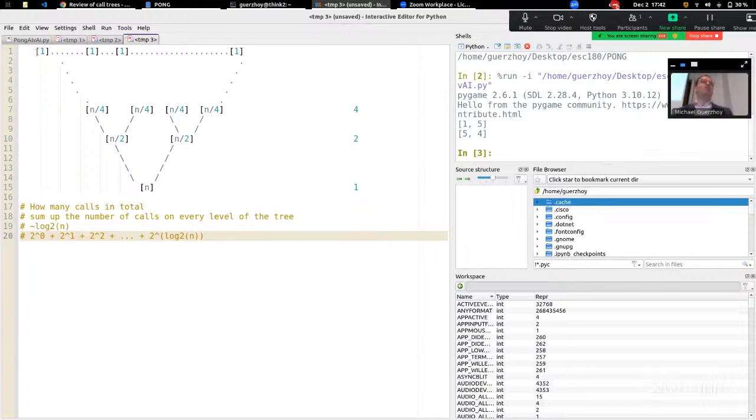So how much is this? Well, same formula. This equals 2 to the power of log 2 n plus 1 minus 1, divided by 2 minus 1.